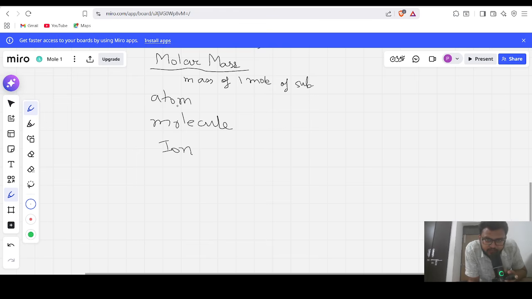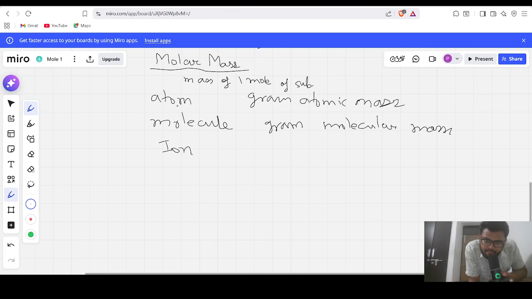When it is an atom, we call it gram atomic mass. When it is a molecule, we call it gram molecular mass. When it is an ion, we call it gram ionic mass.